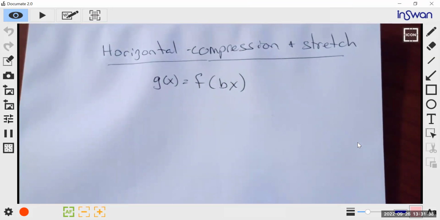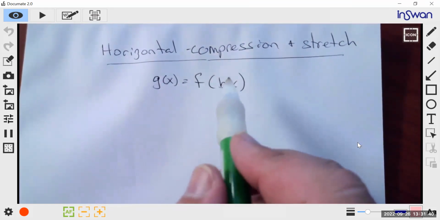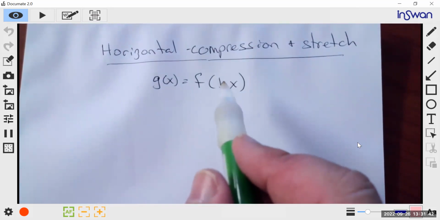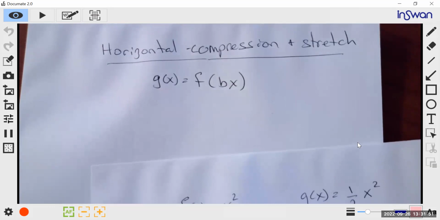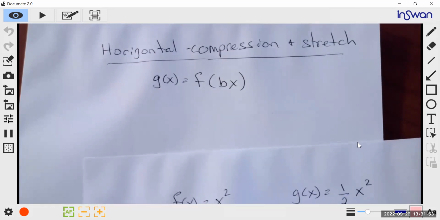If it happens inside the function, in front of x, as the coefficient of x, then we know it's horizontal. Remember when we did horizontal shifts and vertical shifts? When do we do horizontal shifts? What letter?